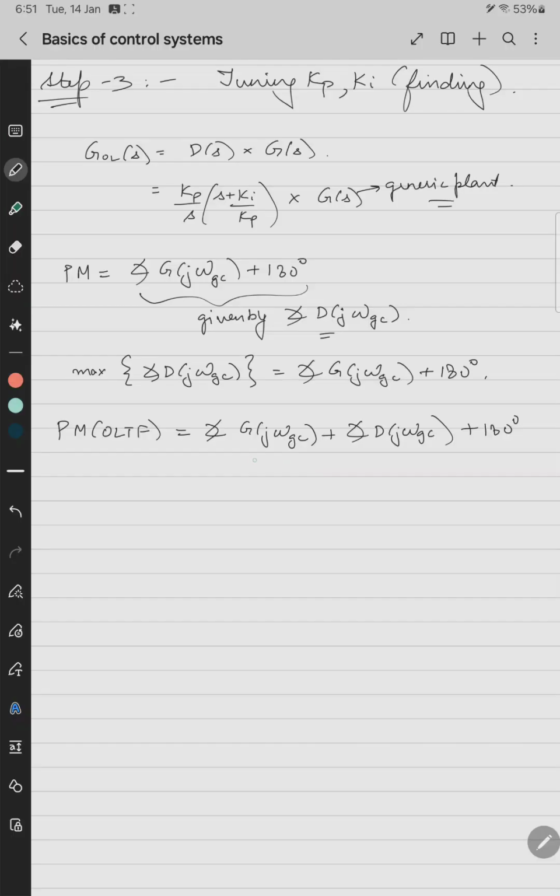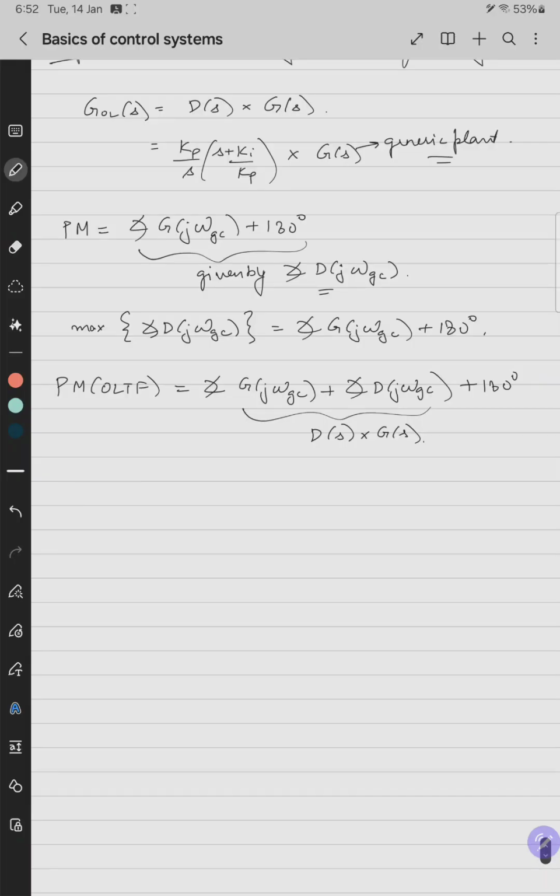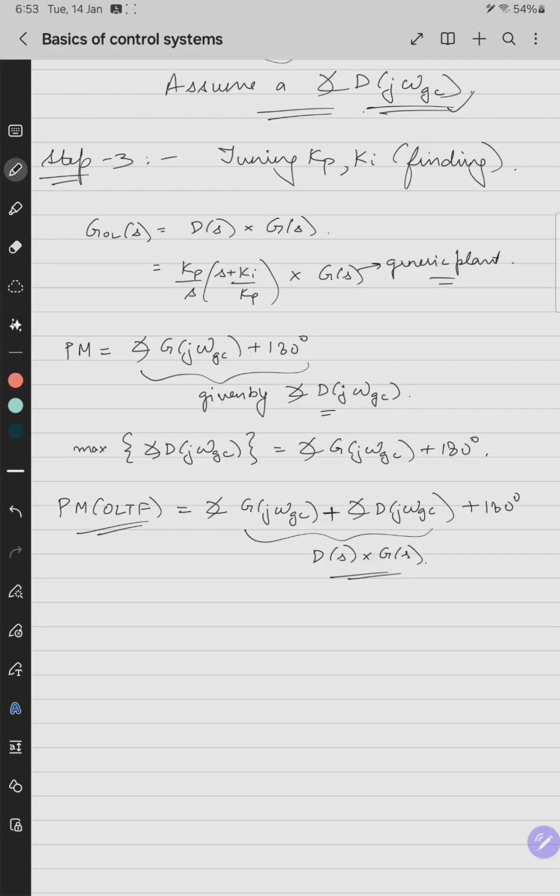Same logic, just replace the plant with D of S into G of S. For the OLTF, the angles just get added.